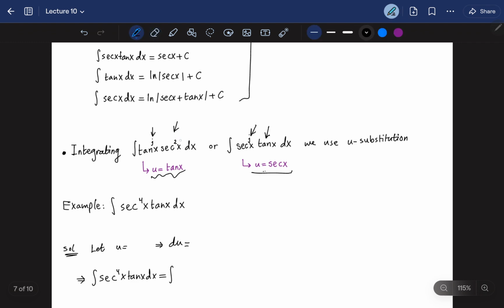That's it. But we always have to have secant squared. The reason is that the derivative of tan is secant squared, so once you differentiate du, you're going to have secant squared dx, so I need to have it here.